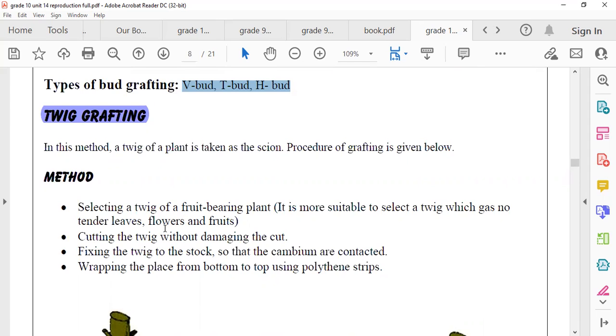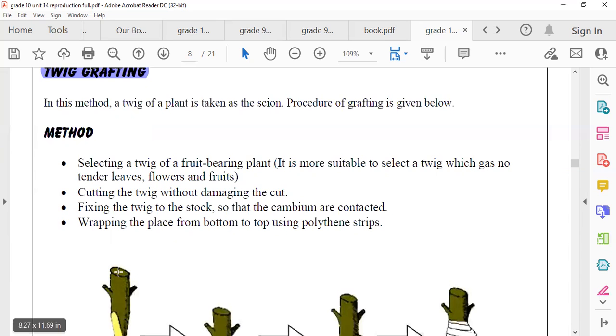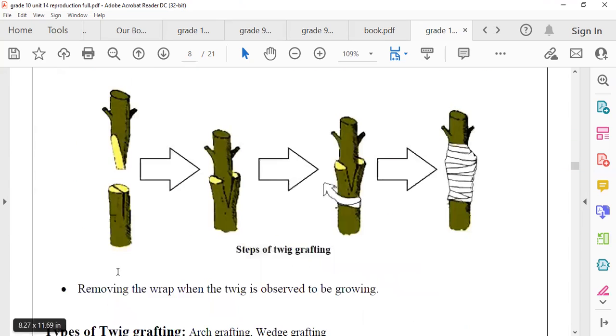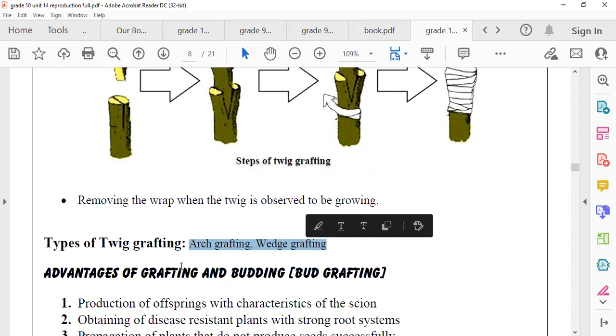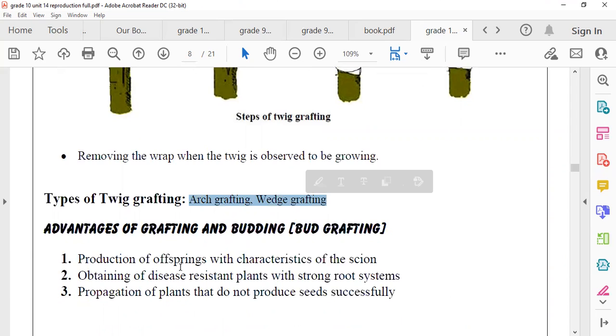They give successful grafting. Here also the cambiums should well touch each other and they have to be tied with polythene string. Here also there are different types of methods. One we call arc grafting, another one we call wedge grafting, like that several methods are there.